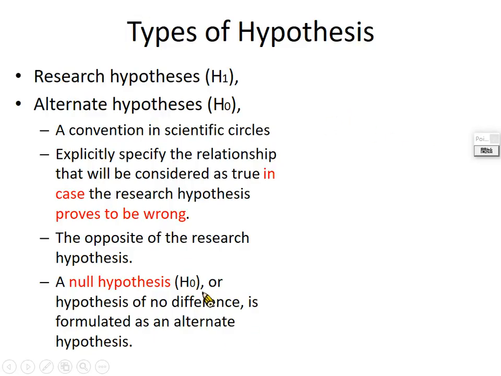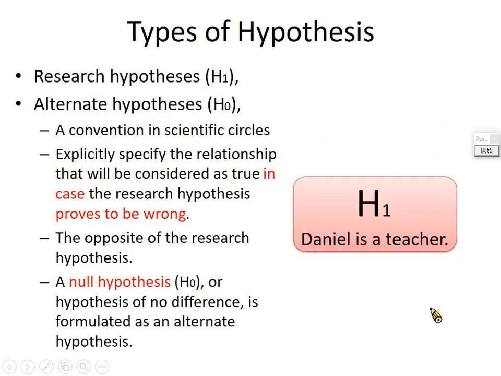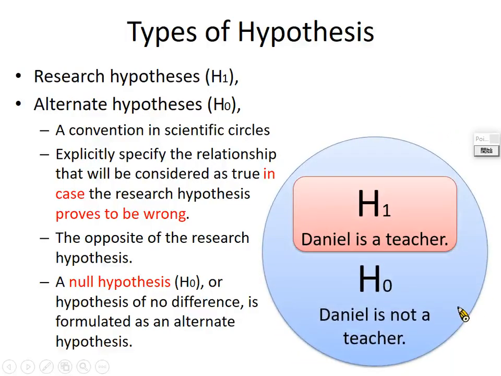So basically, this is a scientific invention. It would be very helpful for us to do hypothesis testing. So in general, for example, this is a research hypothesis: Daniel is a teacher. You want to test this hypothesis, right? And the other way is Daniel is not a teacher.